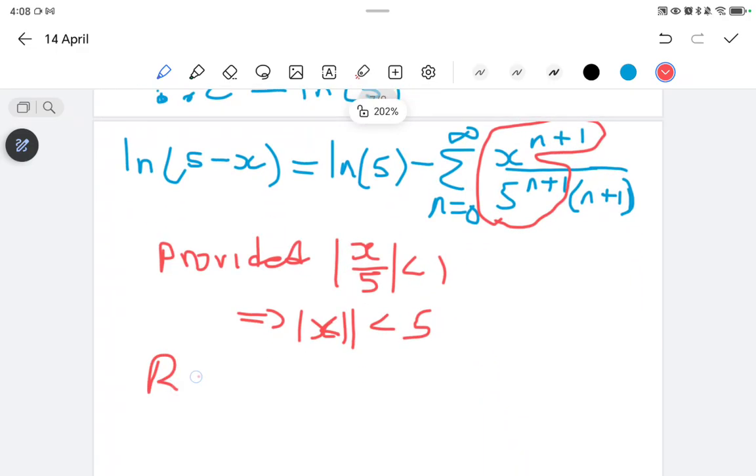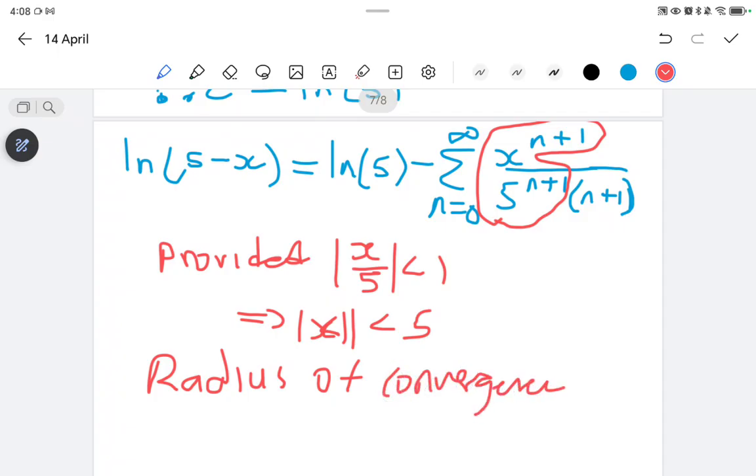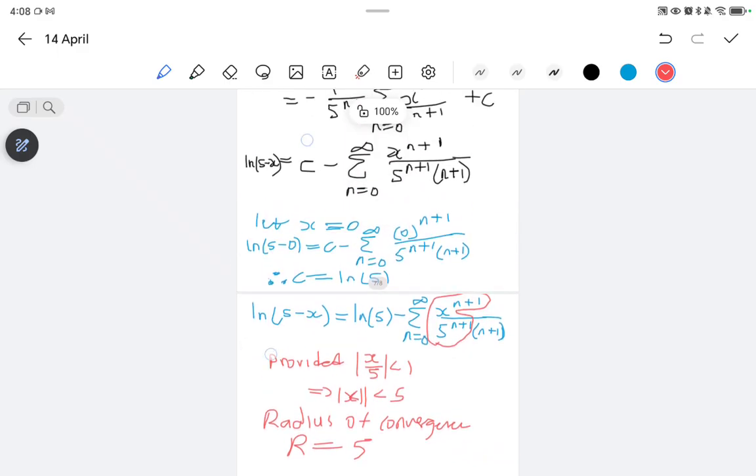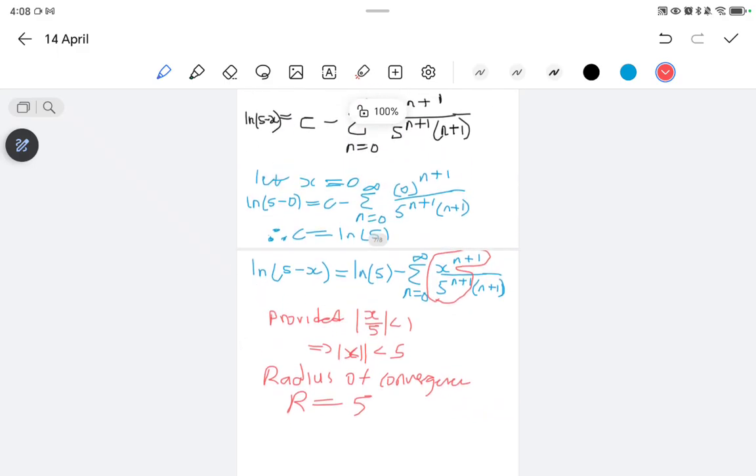Hence the radius of convergence, R, is equal to 5. Any question? Do you have any question?